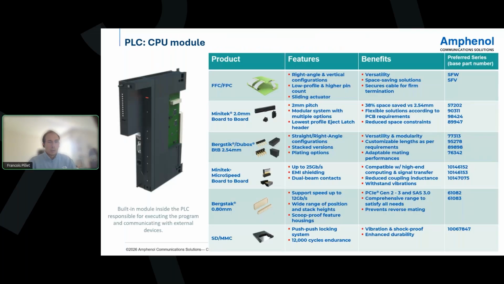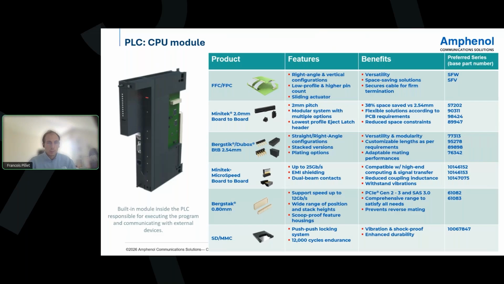For display connectivity, we can consider the FFC FPC series with a low profile design and high pin counts. For board-to-board configuration, we recommend Backstack 0.5, 0.8, which can achieve high data transfer performances. Interconnect solutions is where our wire-to-board MediaTek 2.0 truly shines, since it offers up to 38% space saving compared to standard 2.54 pitch.